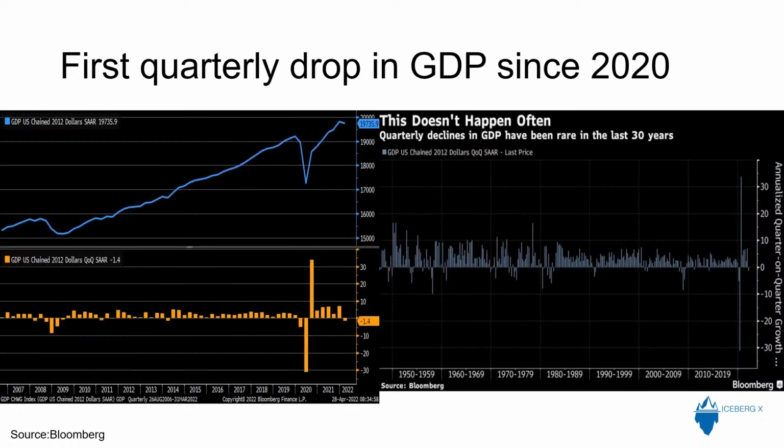Now, GDP is a very key barometer whenever you gauge economic performance. If you look at US GDP numbers on a quarterly basis, I think the US has just recorded its first negative quarter since the start of the COVID-19 pandemic. So that's quite shocking. Now, if you dive deep into the numbers, it will tell you a different story.